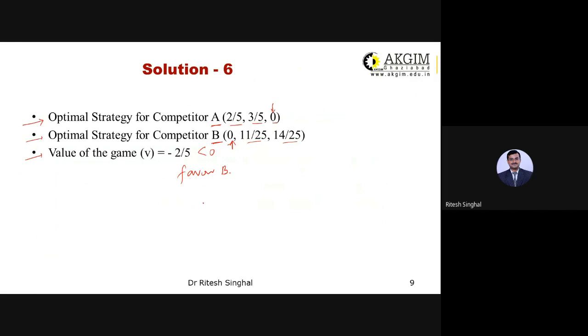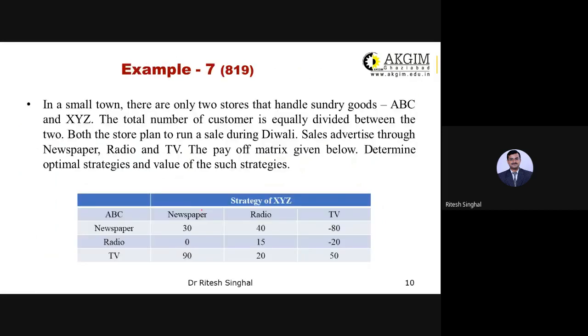Now we'll take one more example so that you may understand things in a better way. Let's take example 7. It is on page number 819 in your book by Andy Vora, which I think is available with you. The question is like this: in a small town there are two stores handling sundry goods.